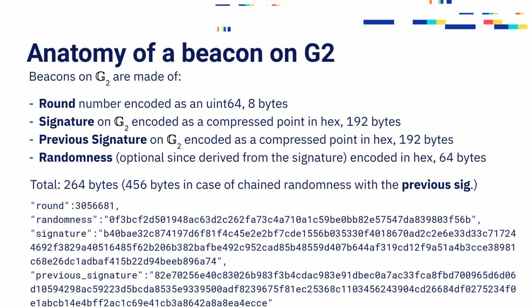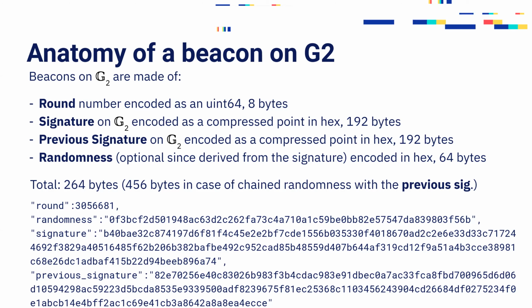And since then, every 30 seconds, without missing a single beat, the League of Entropy has been producing rounds. And each round was incrementing basically that value. And each round is signed with a signature on G2, which is encoded as a compressed point. And it's in hexadecimal for reasons, so it's taking twice as much space as the byte size of the point.